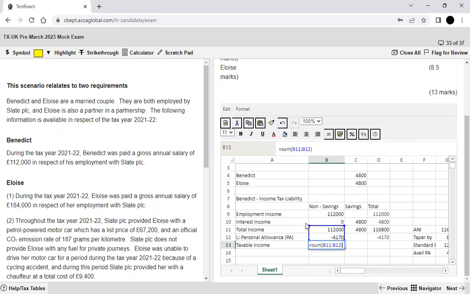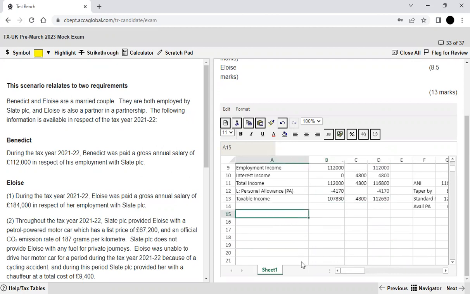Taxable income. On this taxable income, let's start applying the tax rates up to 37,700 at 20%. Then, since he is a high rate taxpayer, he would be eligible for an interest exemption of 500.